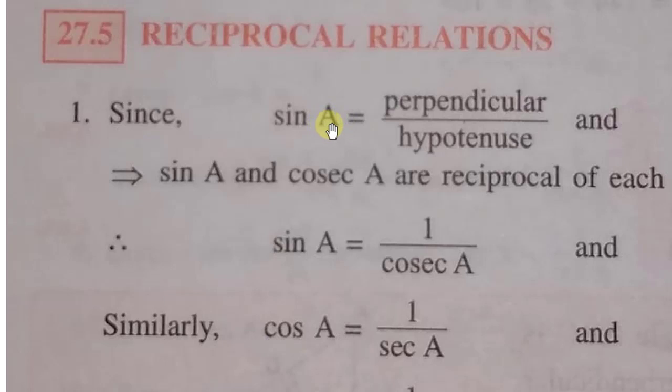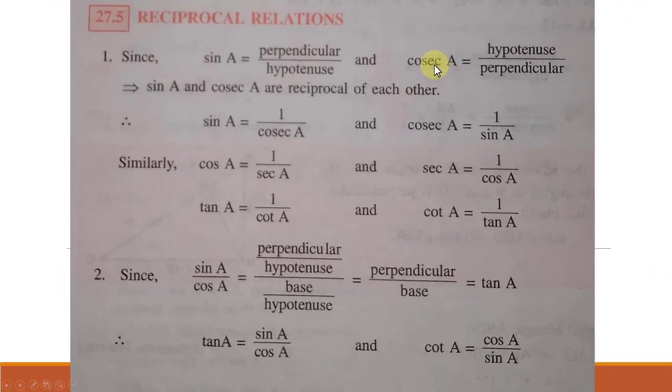So sine A is equal to what? Perpendicular by hypotenuse. And cosec A is equal to hypotenuse by perpendicular. So can you observe, children, what is the difference? It means sine A and cosec A are reciprocal of each other.